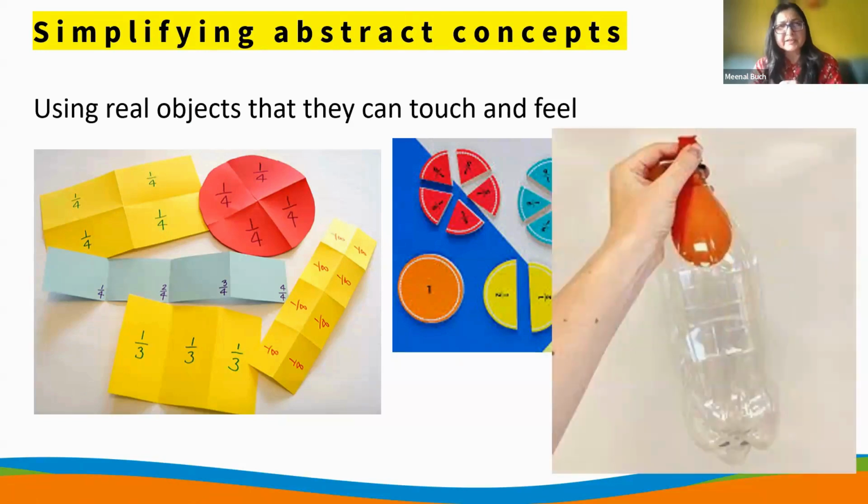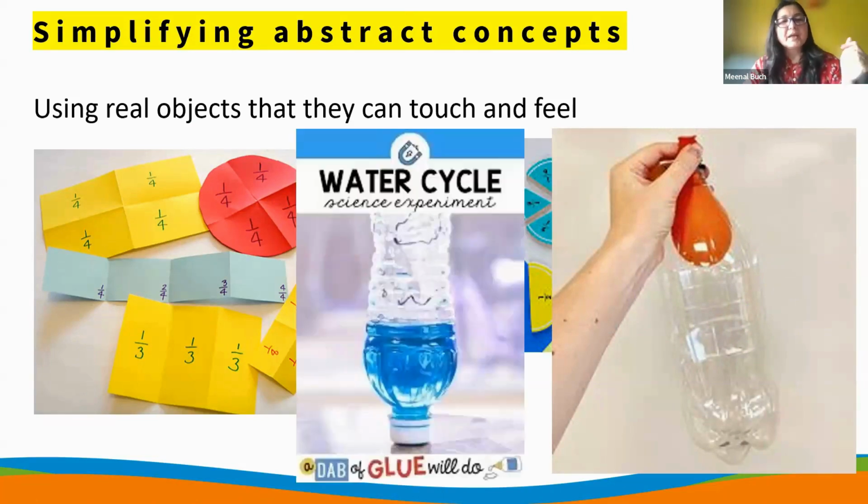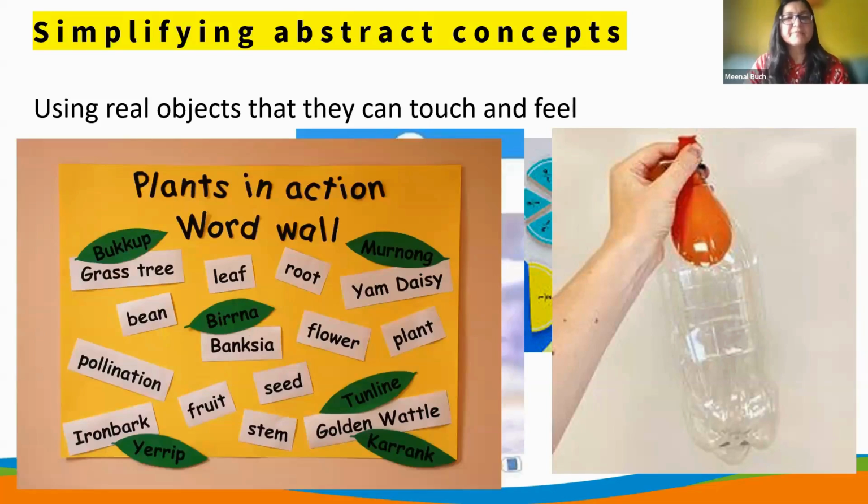A simple model in science, like we know the resources are limited, so a balloon or plastic bottle, spoon, something, and just work around that to get the feel of what we mean by this concept, what is a fraction, or creating models through cardboard, paper. These are just some examples of hands-on ways to simplify abstract concepts.